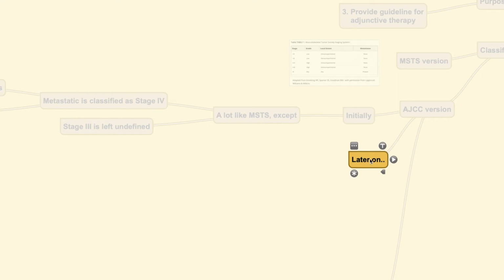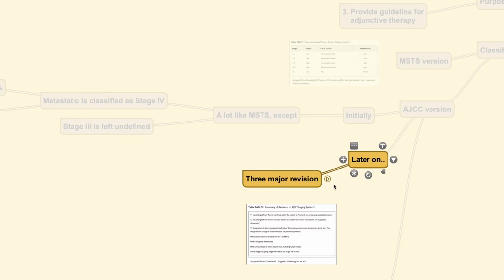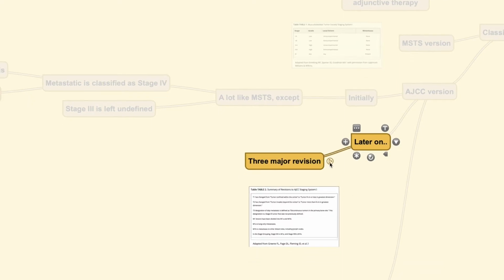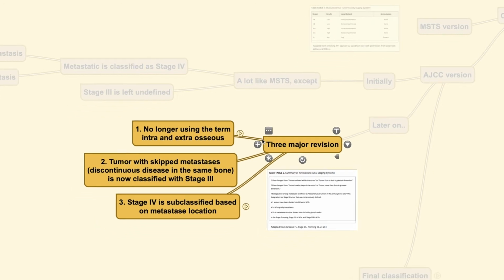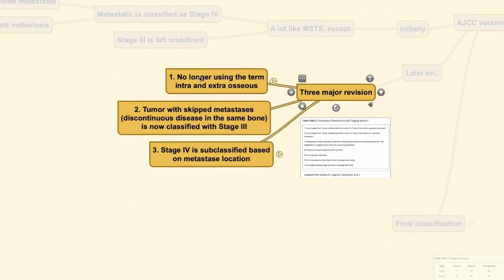Later on, the AJCC version is then revised with three major revisions. The first is there is no longer the use of the terms intra- and extraosseous in describing the tumor, and then the tumor with skipped metastasis or discontinuous disease in the same bone is now considered stage 3.